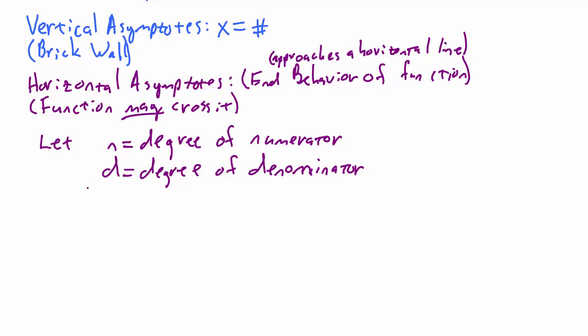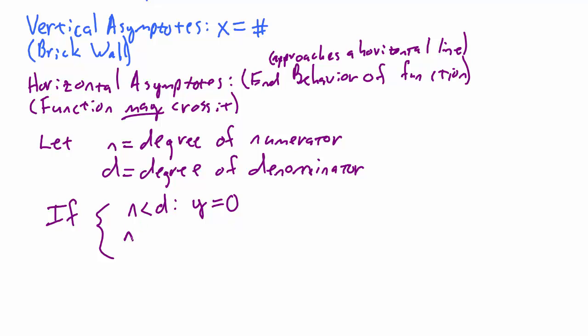There we go. There are three possibilities. If n is less than d, in other words, if the numerator's degree is less than the denominator's degree, we have a horizontal asymptote, and that horizontal asymptote is specifically y equals 0.